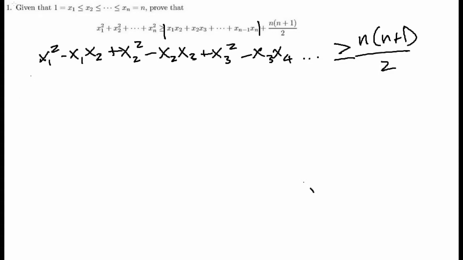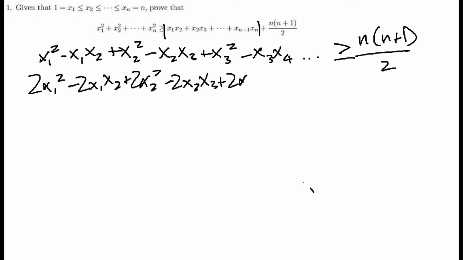Now what you do is multiply both sides by 2. And I know I have to write all this out, but it'll be useful.